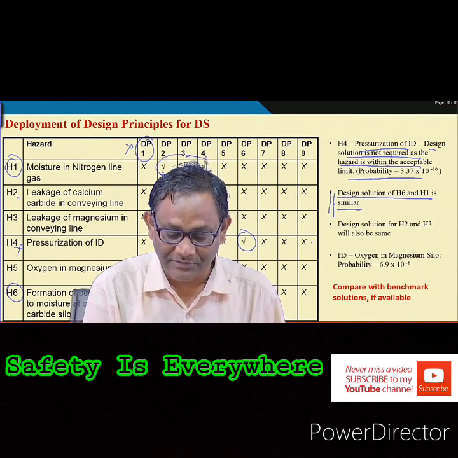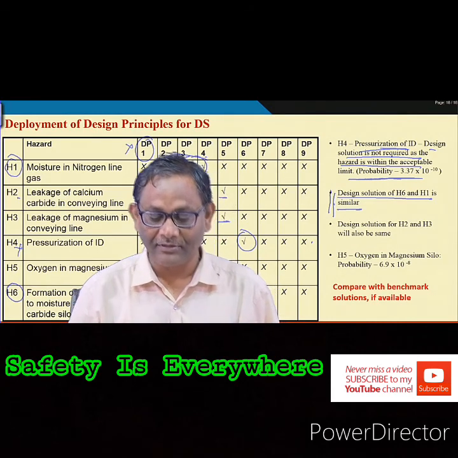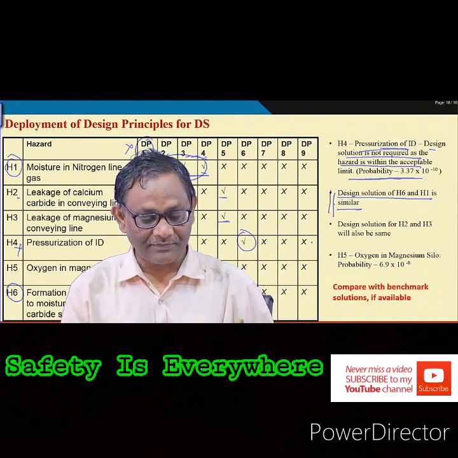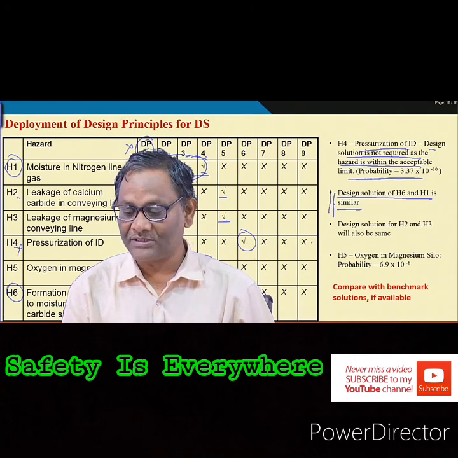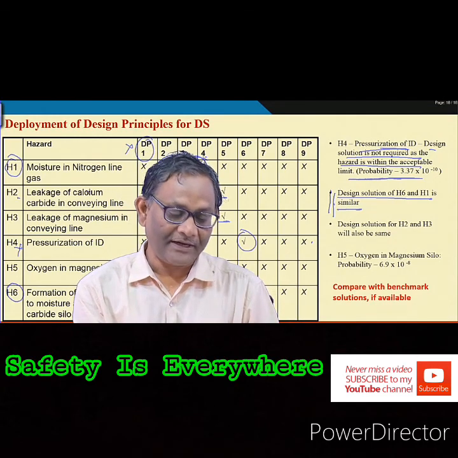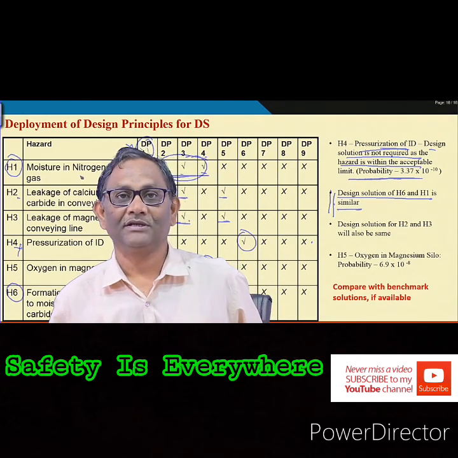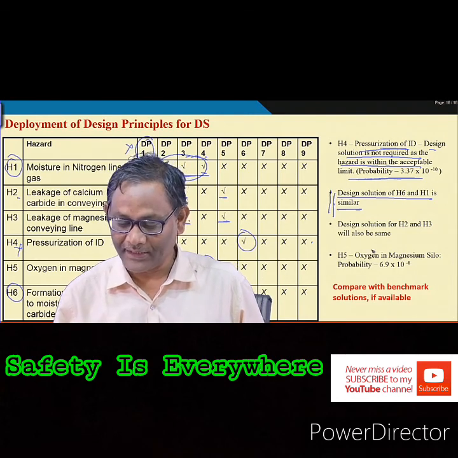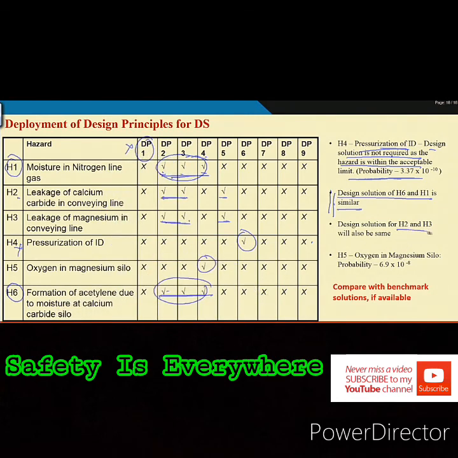Here these three principles are applicable and these three principles are applicable. In the same way, from design knowledge they found that a similar design solution will help in fighting against these two initiating events or hazards. Similarly, H2 and H3 are also the same. And for H5, oxygen in the magnesium silo, the probability value is also very low.